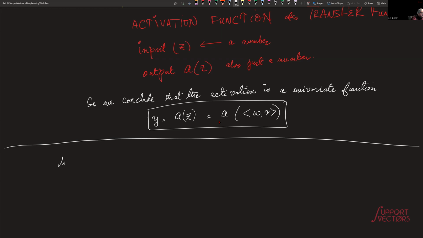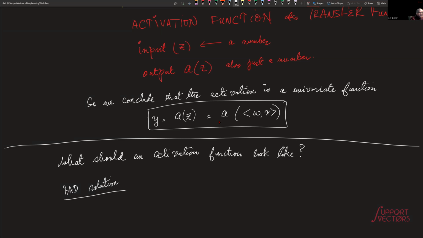What should an activation function look like? Let's ask this question. One way to do that is by asking, what shouldn't it be like? So what are bad solutions? Bad solutions. And that will give us an intuition on what a good solution is.